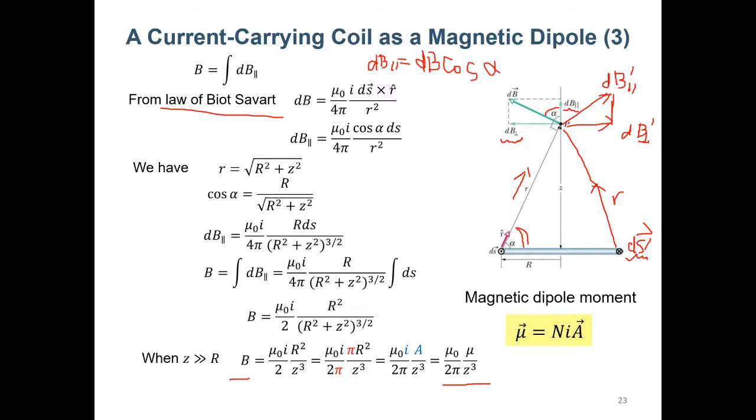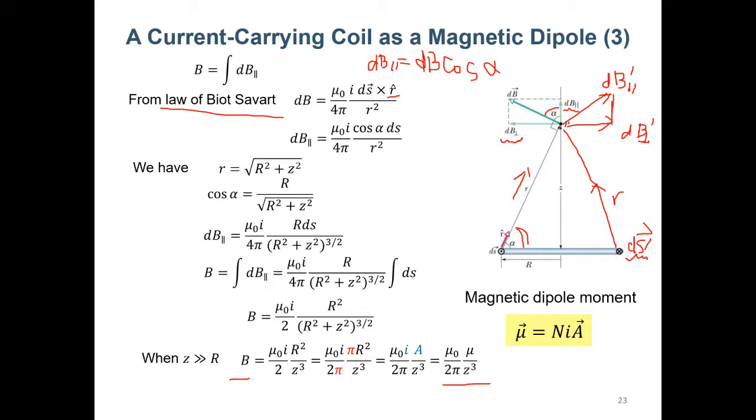So we have cosine alpha ds over r squared, because this is unit vector. So this is 1 times ds times cosine alpha. And we have r equals this one and cosine alpha equals this.